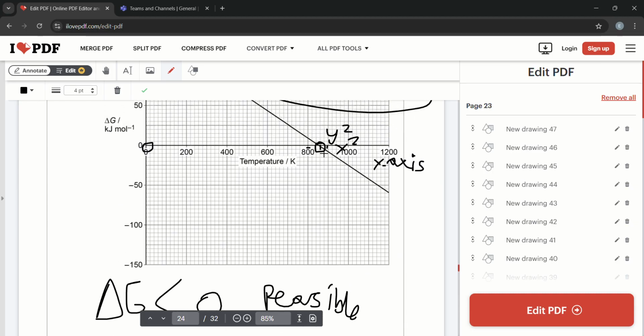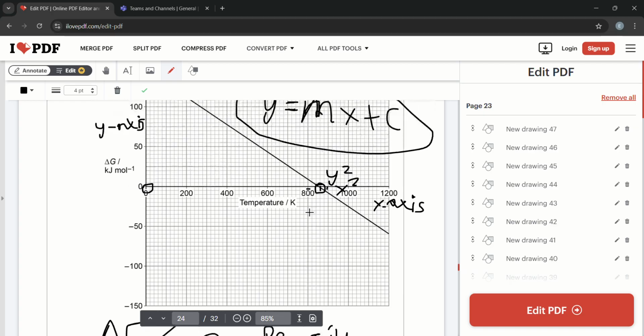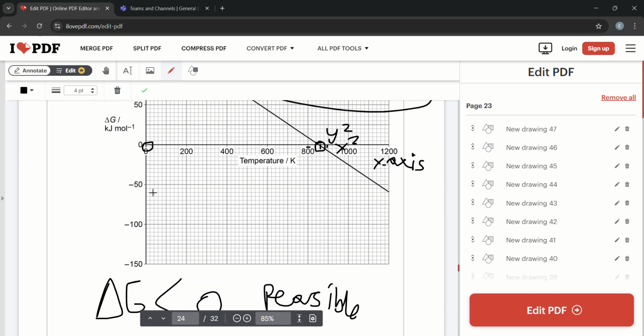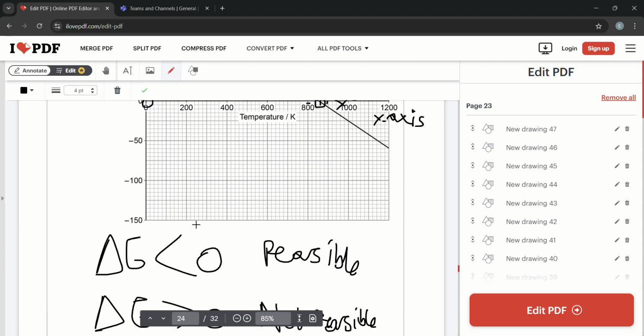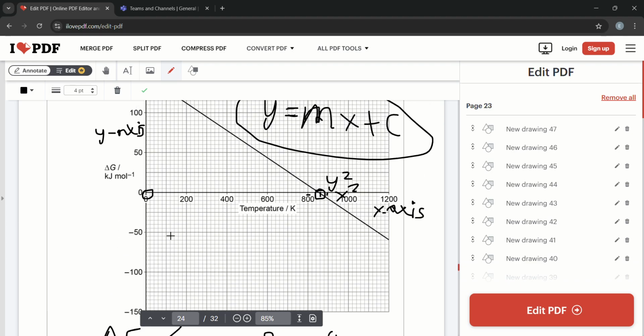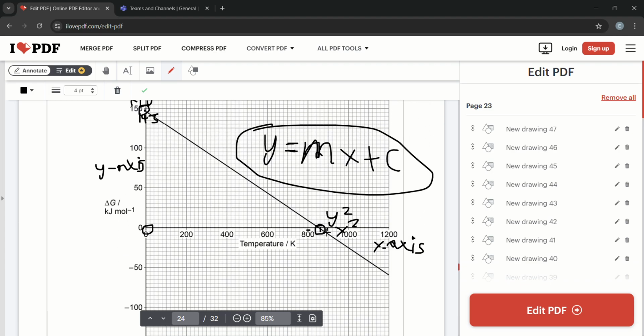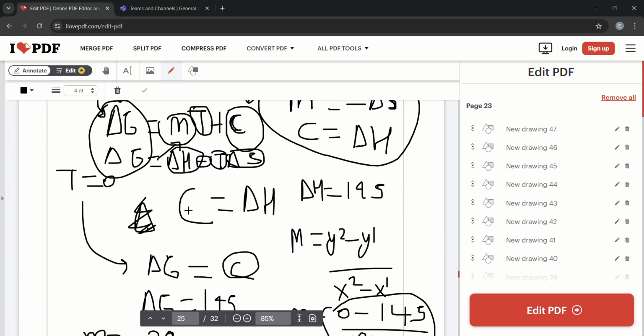So if you look at it, that's 860 obviously, or what is it, 840, I'm saying 860, it doesn't really matter. So if the temperature is above 860, well, delta G is negative, therefore the reaction is feasible because negative is less than 0. However, when it's below 845, delta G is greater than 0, therefore it's not feasible.